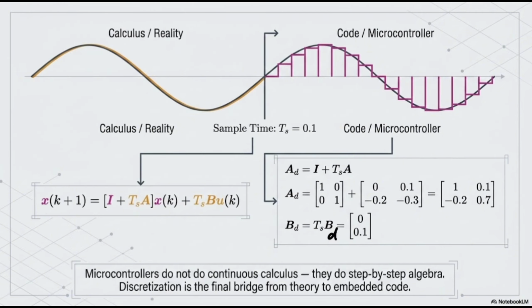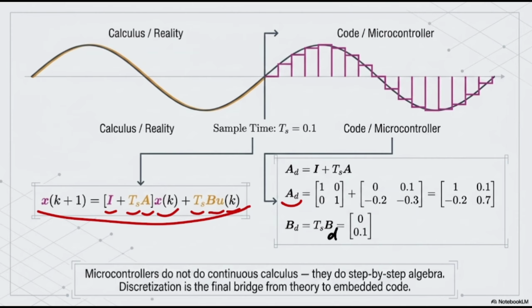In order to find the discrete value from the continuous value, we have a formula: x at k plus 1, the value of x for the next step, is going to be I plus Ts, which is the sample time, times A, times x_k, which is your current state, plus Ts times B times u_k. So imagine that I have a condition for Ad.